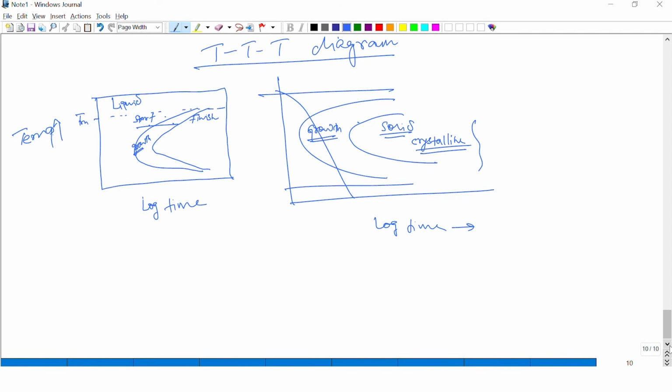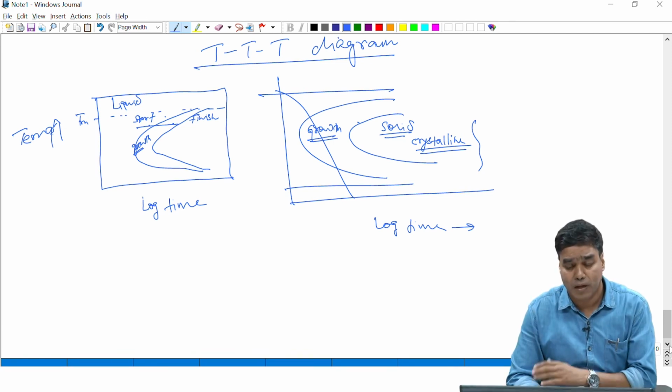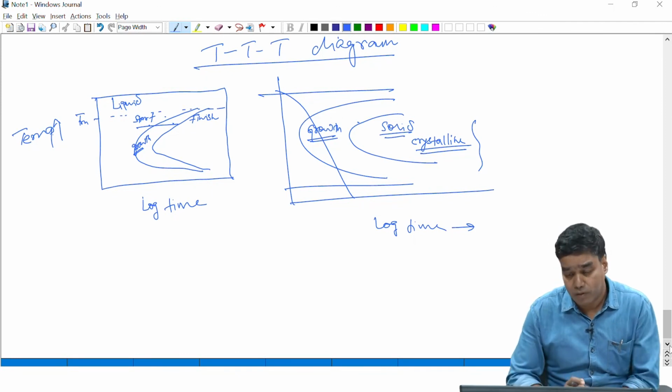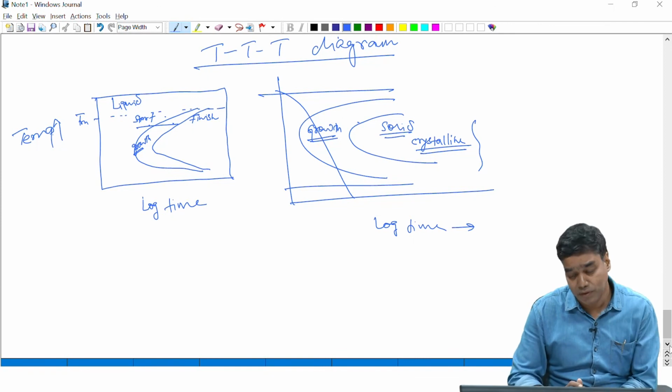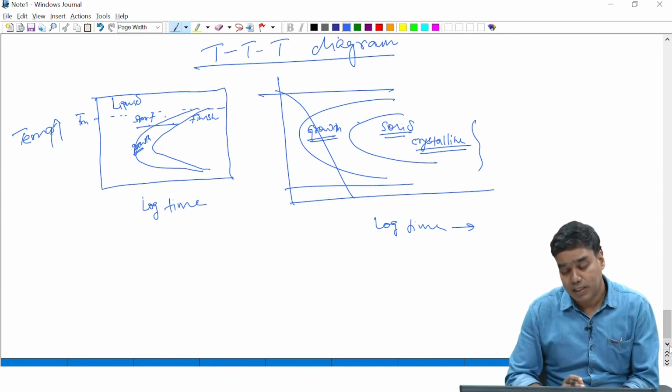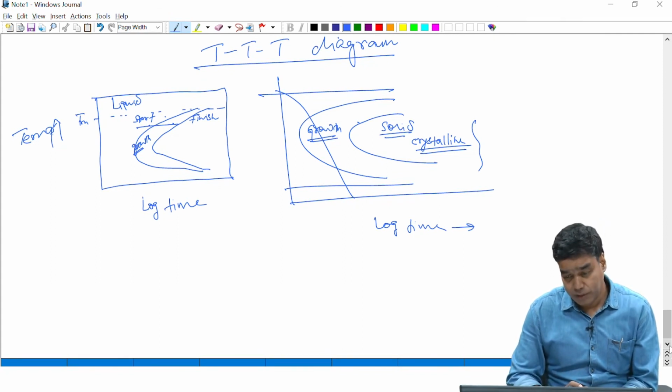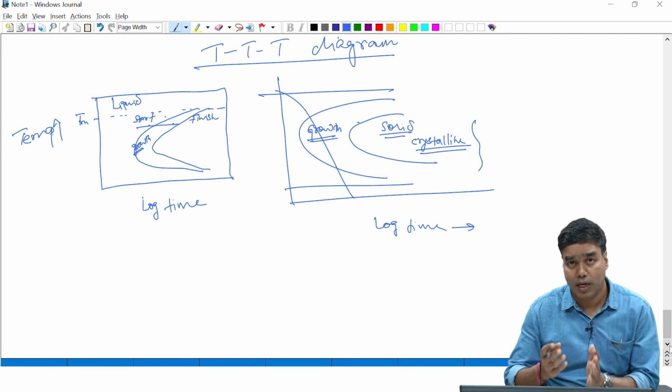That means it will show the effect of cooling rate. That means how or at what rate the temperature is extracted or lowered, right. So, that will dictate what kind of transport of the atoms will take place, or what will be the diffusion of atoms, and that in turn will finally dictate what kind of structure will be generated in the final solid, whether it will be a crystalline structure or it will be an amorphous structure.